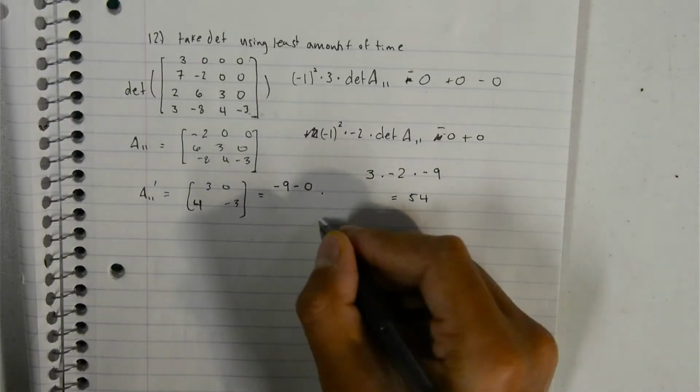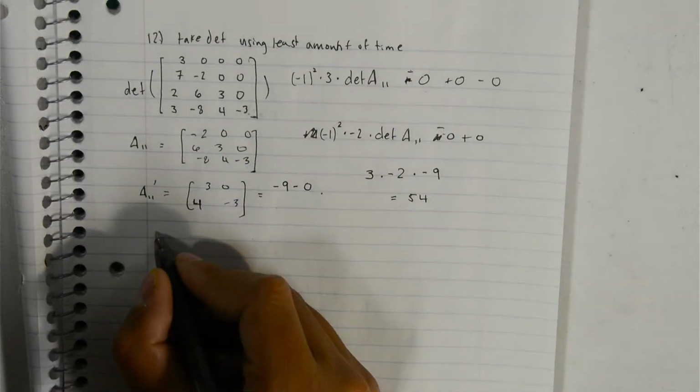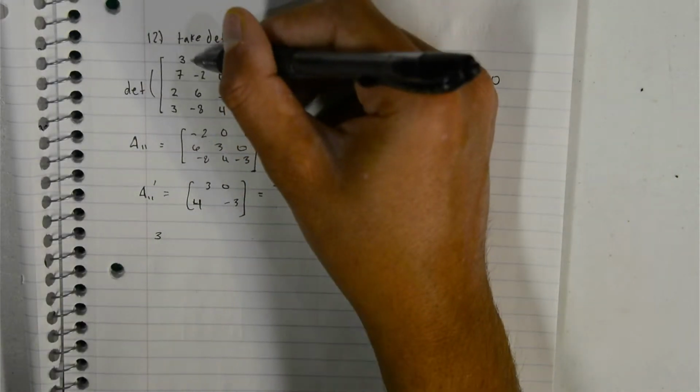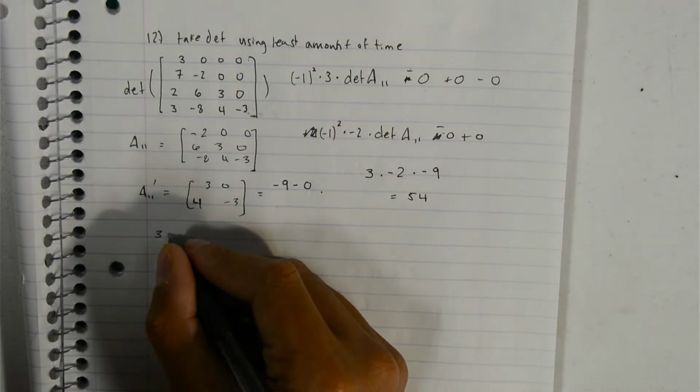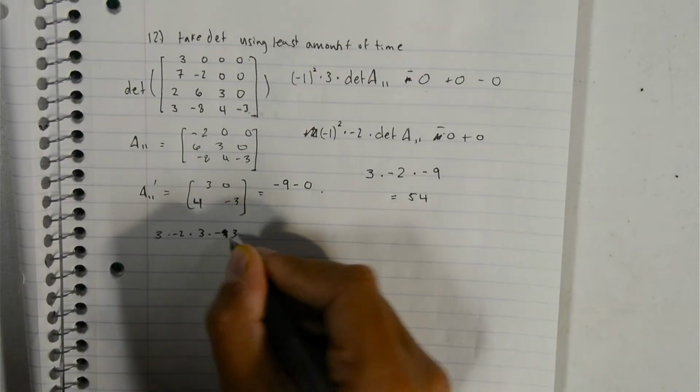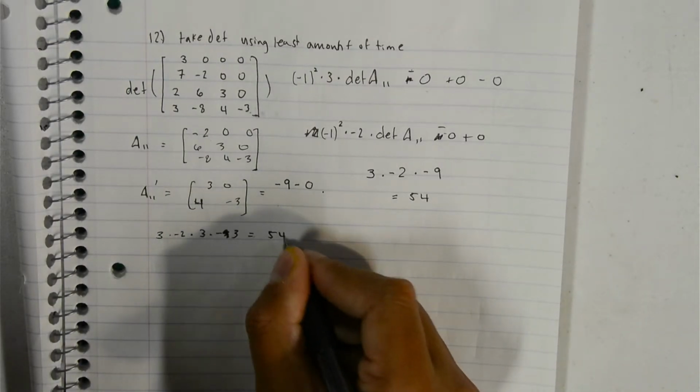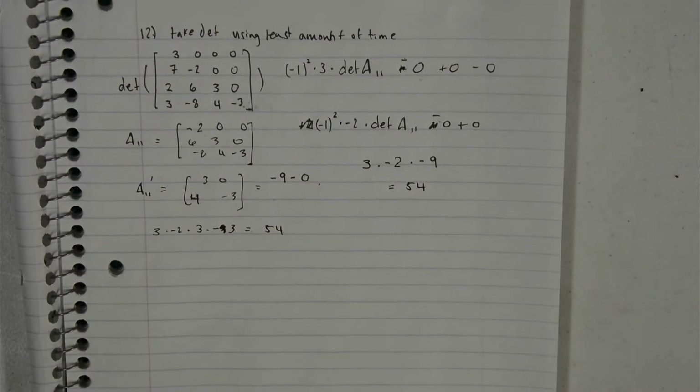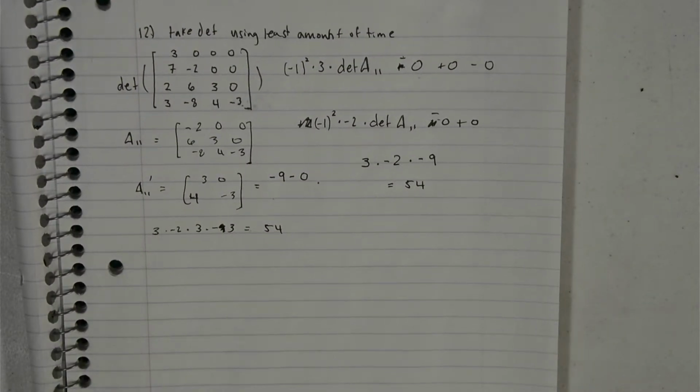On the trace, we're going to get 3, and trace means the product of the diagonal. 3 times minus 2 times 3 times minus 3 is equal to 54. All right, cool. That one was easy. But the trick is to recognize that it's a triangular matrix.